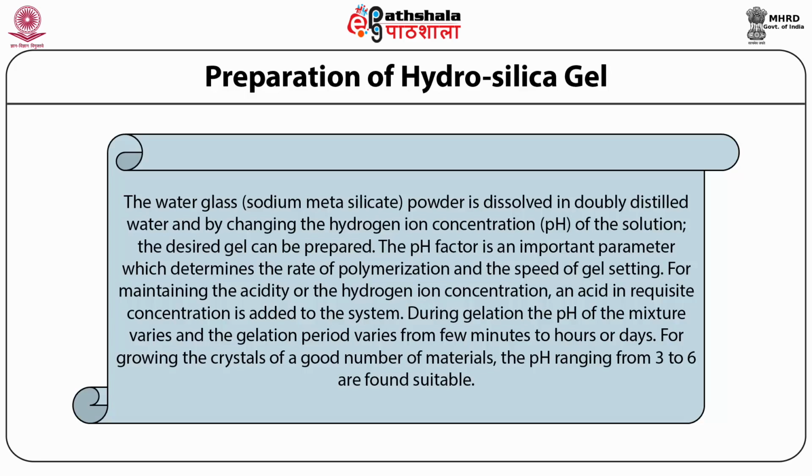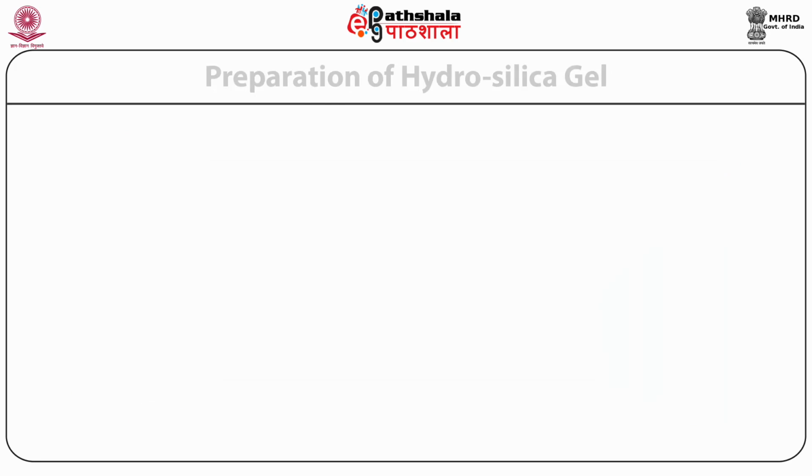During gelation, the pH of the mixture varies, and the gelation period varies from a few minutes to hours or days. For growing the crystals of a good number of materials, a pH ranging from 3 to 6 is found suitable.